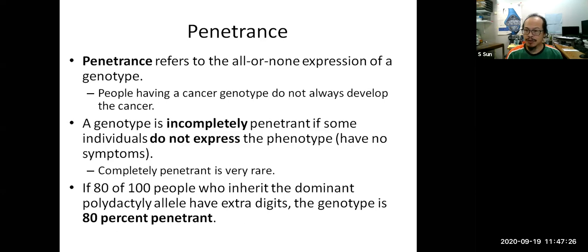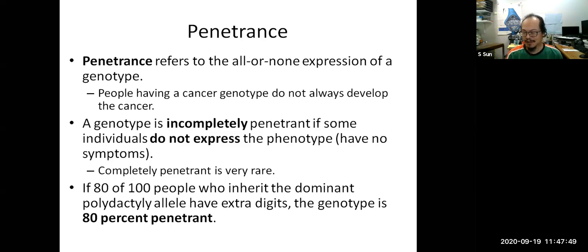And there are some genes that show a very high chance of developing breast cancer. But the thing is that they might not show. It's not necessary. There are so many things that can affect it.